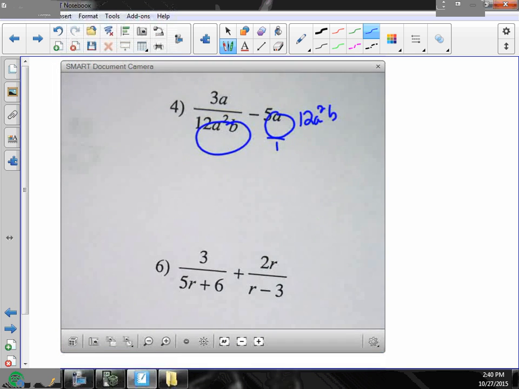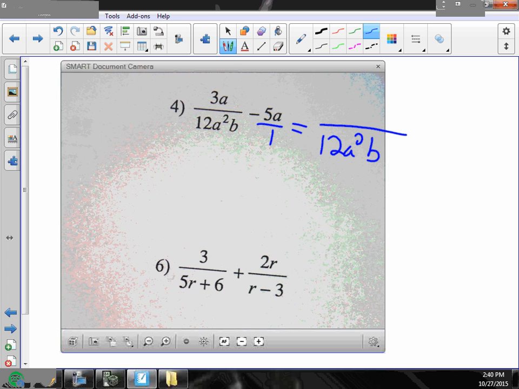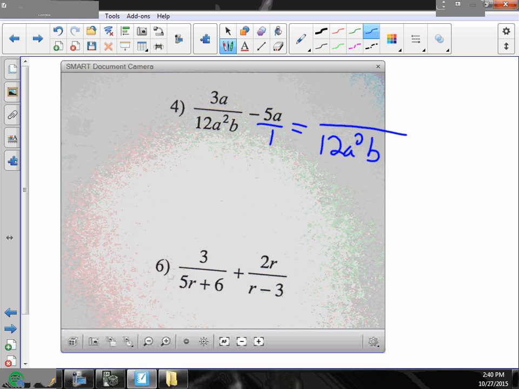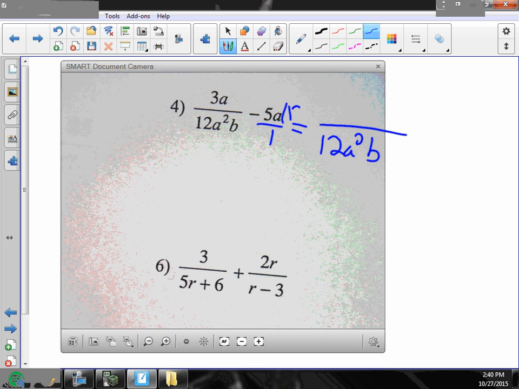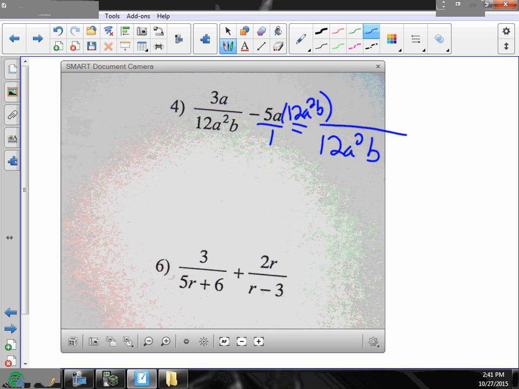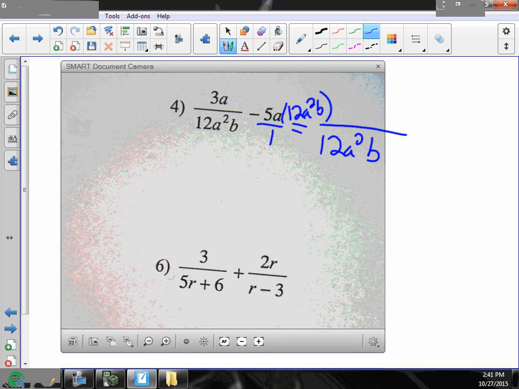Sorry, did I do that too fast? So this is over 1. So the common denominator is 12a squared b. The left side already has everything it needs. The right side needs everything. So you multiply that by 12a squared b, and then simplify.